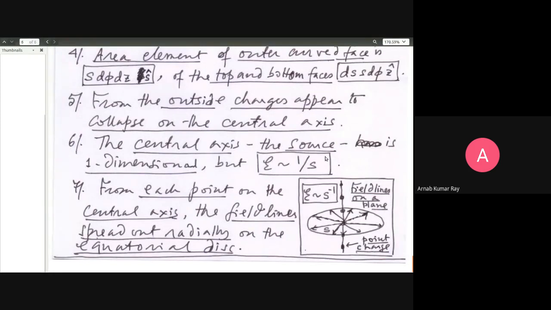Now in the case of a plane, the thing that we finished discussing in the last slide, what is the dimensionality of a plane? It's two-dimensional. A plane, the XY plane, is a two-dimensional object. If it's a two-dimensional object, then the dimension of the plane will be 2, but the electric field will fall off as 1 upon distance raised to 0.